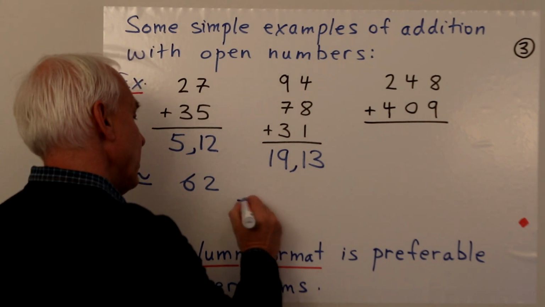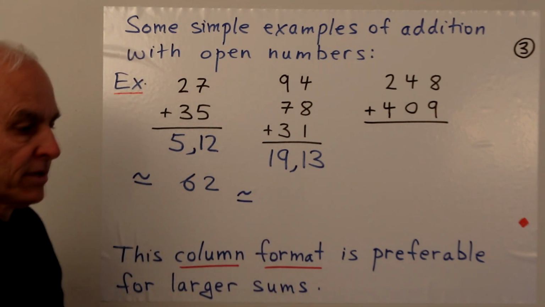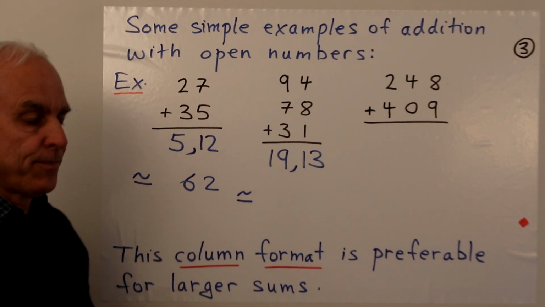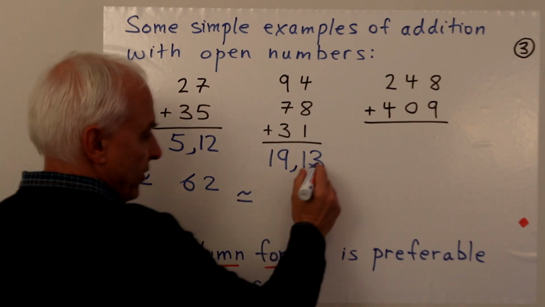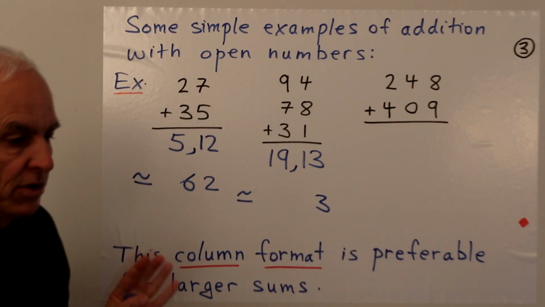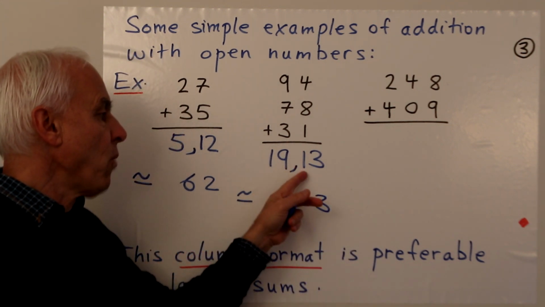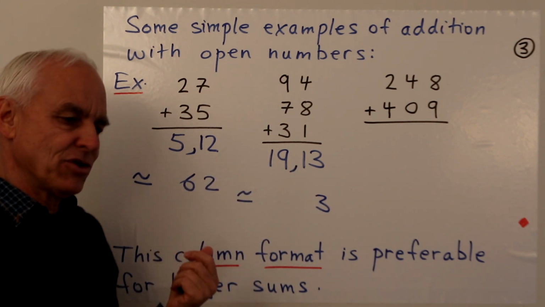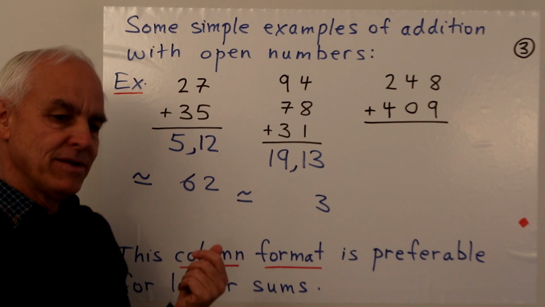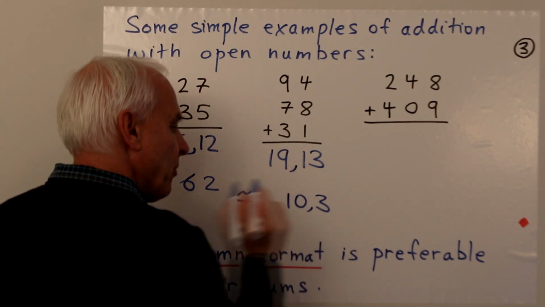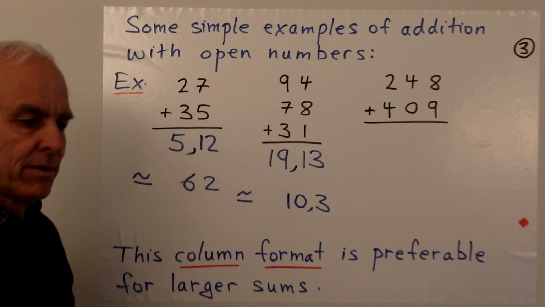Okay, but we want an equivalent Hindu-Arabic number, so how can we convert this? So we convert it like this. The 3 stays, that's how many ones there are going to be. How many tens are there altogether? Well, the 1 and the 9 tell us how many tens there are. There's going to be 10 tens. So actually, it probably makes sense for us to put 10 tens there.